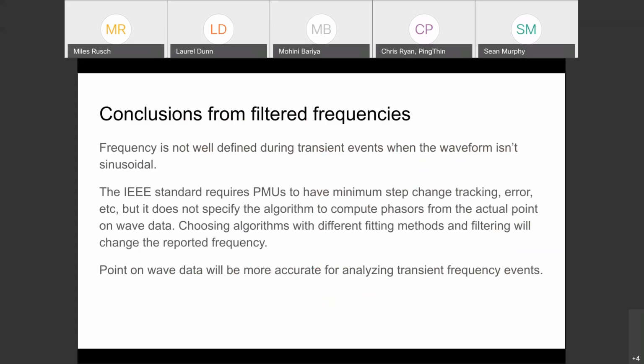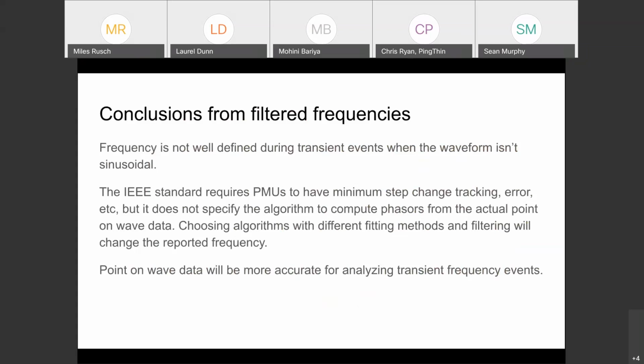The PMUs are ingesting point-on-wave data and fitting that data to a sinusoidal function, which works well when the point-on-wave data is sinusoidal or nearly sinusoidal. But during these fault events, the assumptions that fitting algorithm is operating with are being temporarily violated.